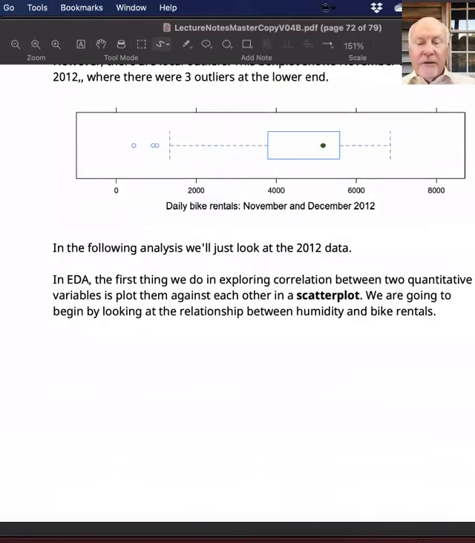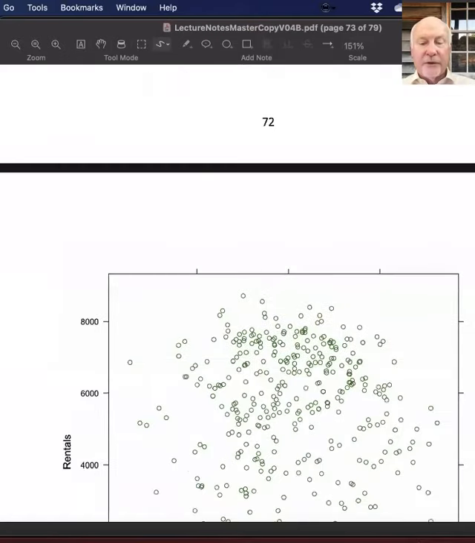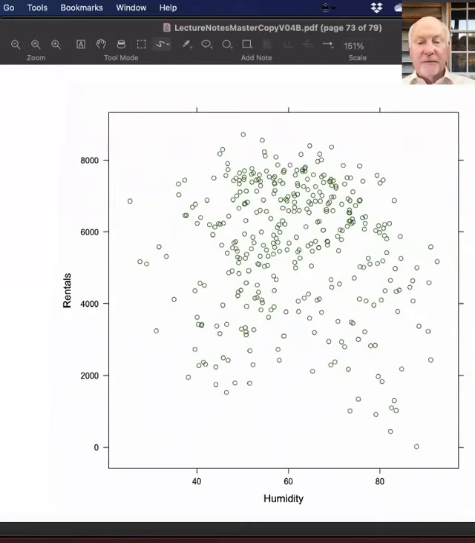All right, so the classic plot that we use when we have two quantitative variables is something called a scatter plot, and that's what a scatter plot looks like. The way you read that is on the x-axis you've got the humidity, in percent, and on the y-axis the number of bike rentals.